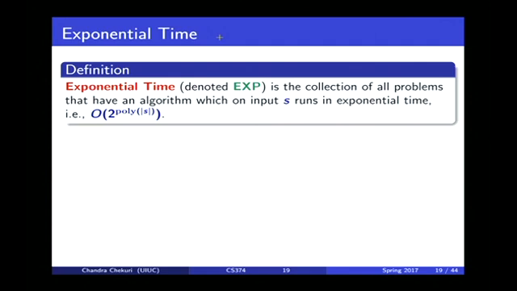EXP is the set of all problems I can solve in exponential time. Are undecidable problems in exponential time? No, good. You can take any 2 to some polynomial, 2 to the n.